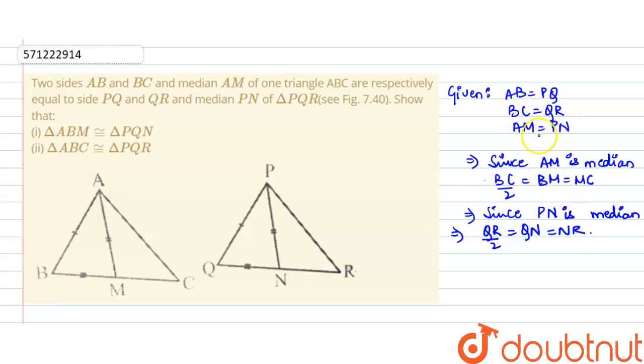Now it is given that BC is equal to QR, therefore BM is equal to MC is equal to QN is equal to NR. This is the result, and these are equal to BC by 2 and QR by 2. So we proved these results.